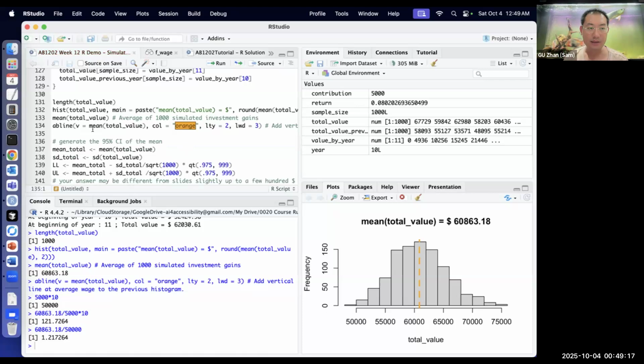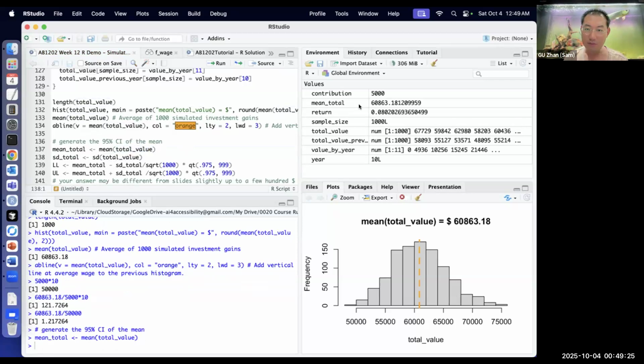So next we're going to generate the 95% confidence interval of the mean. So what is the mean value? The mean value is already told to you. The mean value is 60863. Then the standard deviation of the total value. We're plotting this total value.